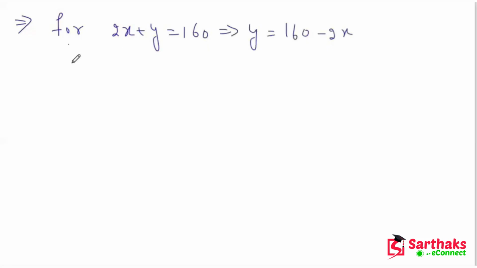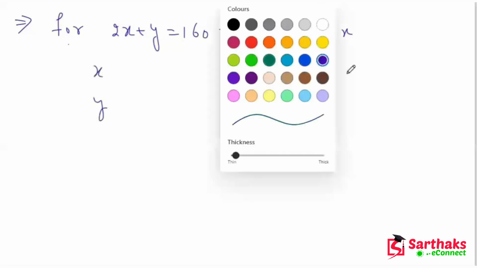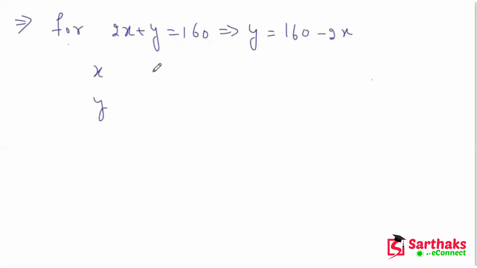Now we put values of x step by step and we get the value of y. Here is x and here is y. First, if we put x is equal to 50, by solving this we get y is equal to 60. If we put x is equal to 60, we get y is equal to 40. If we put x is equal to 70, we get y is equal to 20.